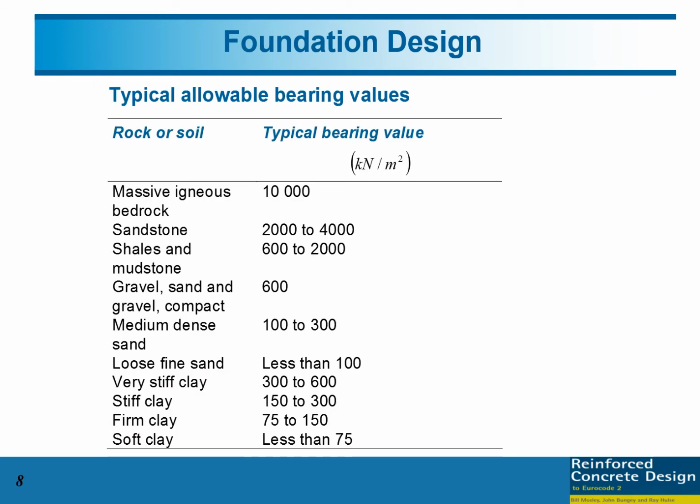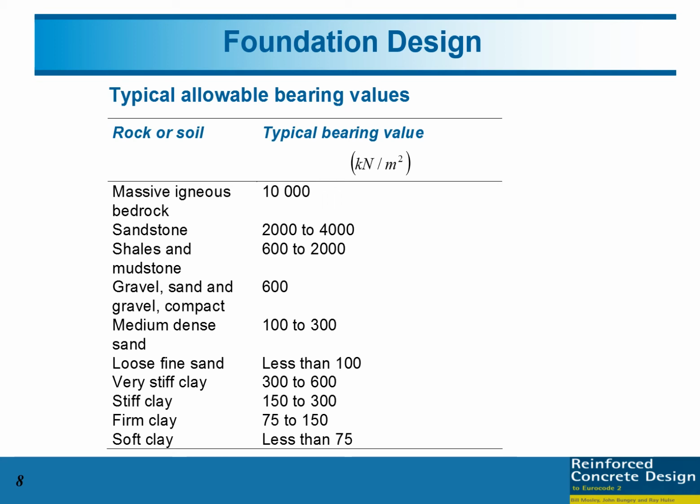Okay, in this slide you can see the typical allowable bearing values. This column is the type of rock or soil, and the right column is the typical bearing value in kilonewton per square meter. Okay, in practice we call it kilopascal, kPa.